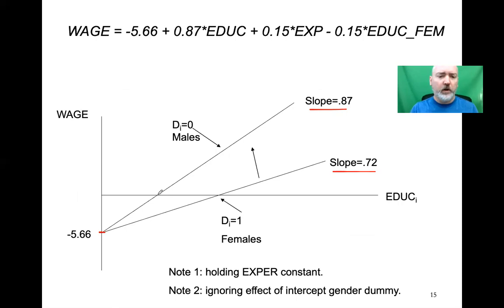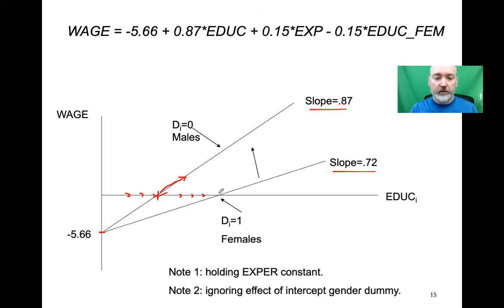We talked about this before. Really what that means is you need some minimum number of years of education before you can start earning a positive wage, before you can start climbing up that little wage line. And an equally depressing interpretation is, well, for males, you can start working when education hits here.